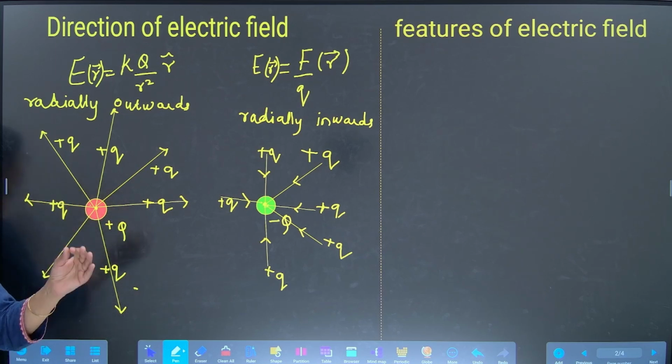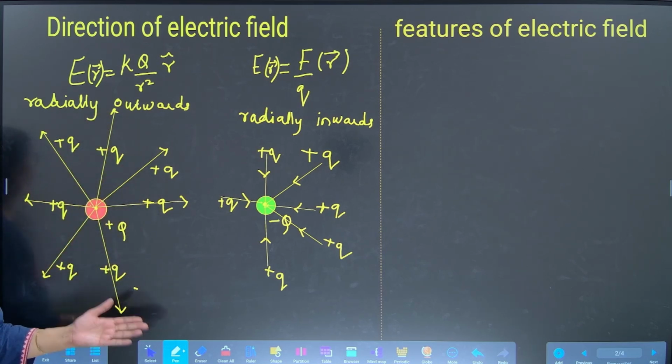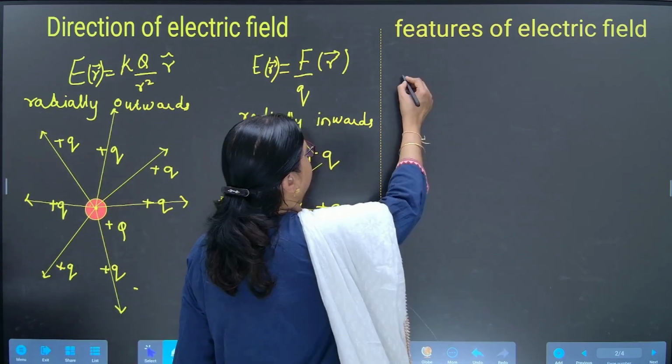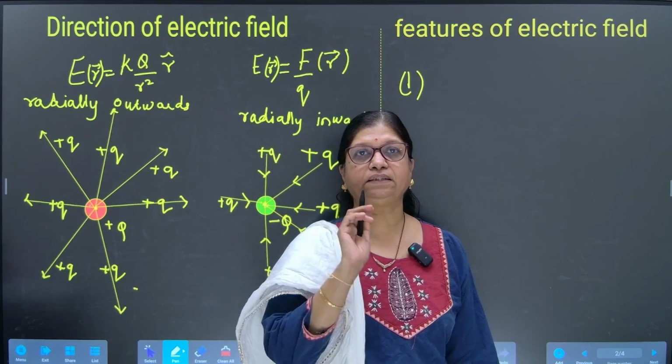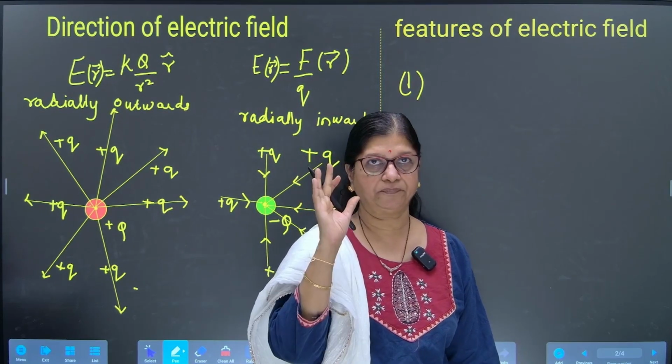So please make a rough note of whatever is shown or taught to you. So let us write features of electric field, keeping in mind that the test charge is a very small quantity.